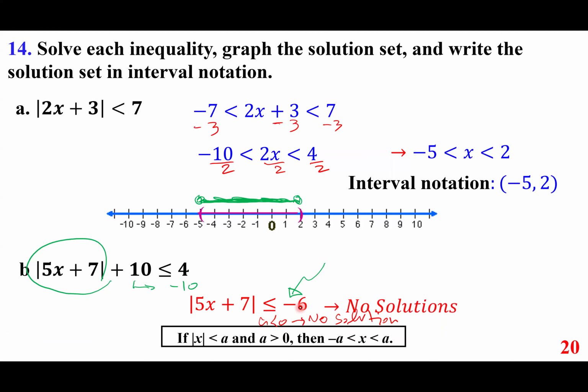No solutions, because a is less than 0. We are going to move on, everybody.